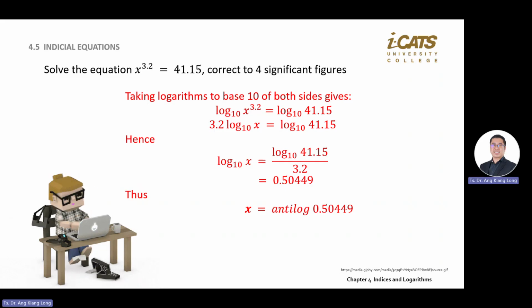How to use calculator log minus 1, how to press? What button you press? Shift, log minus 1. Yeah, so that one is your homework. Go and see how you operate your calculator.